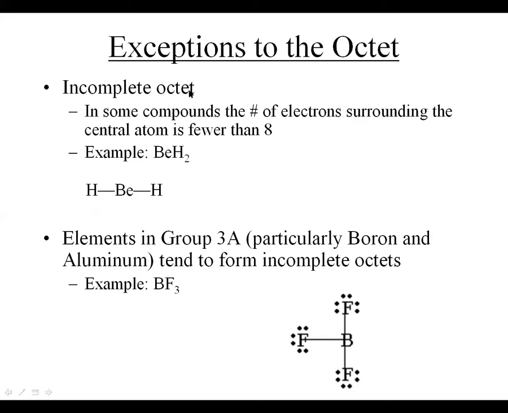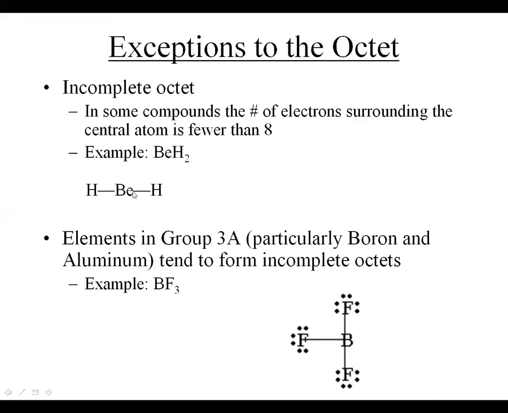So the first sort of exception to the octet rule is the incomplete octet. The incomplete octet is when we have actually less than 8 electrons around it. So something like beryllium hydride, which we have on the screen here. This one right here has only 4 electrons around it.